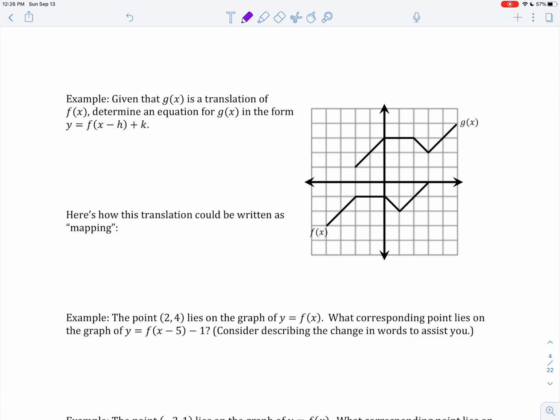Over here we've got these things already graphed, so we have to determine an equation for g of x in terms of f of x. So what did we do to f of x to actually turn it into g of x? Well, to do that we can take this shape and examine what happened to each point, like this endpoint here turned into that endpoint there somehow.